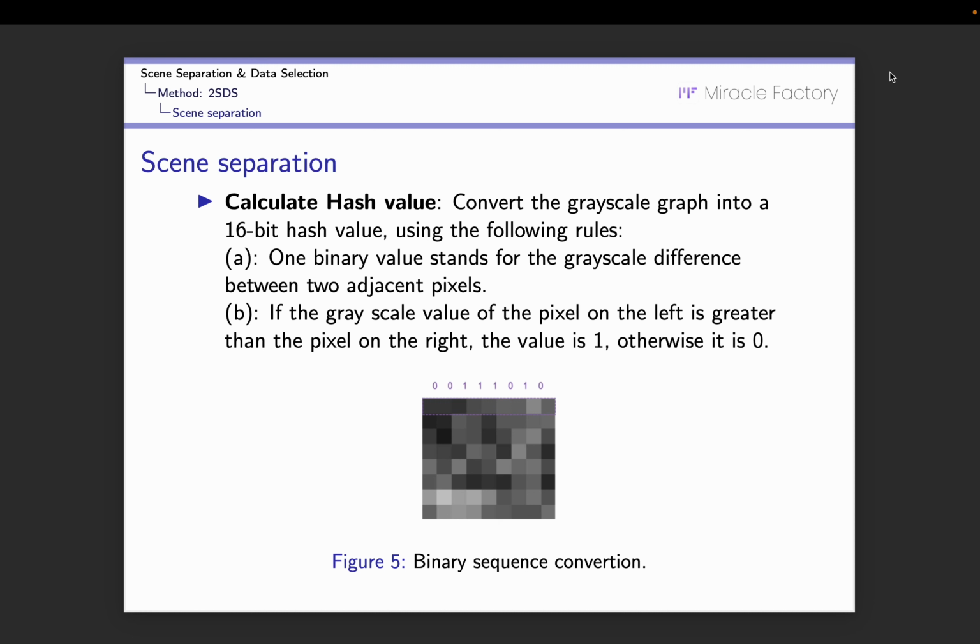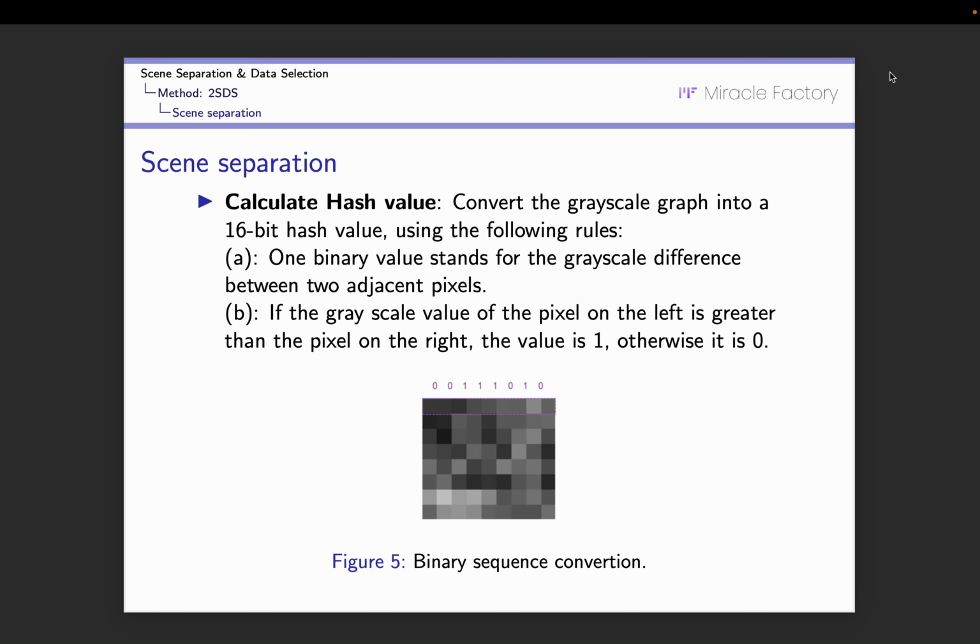The third step of scene separation is to calculate the hash value. This is where it gets a little bit complicated. Previously we acquired an 8 by 9 grayscale image. What we want to do here is convert this grayscale image into a 16-bit hash value.